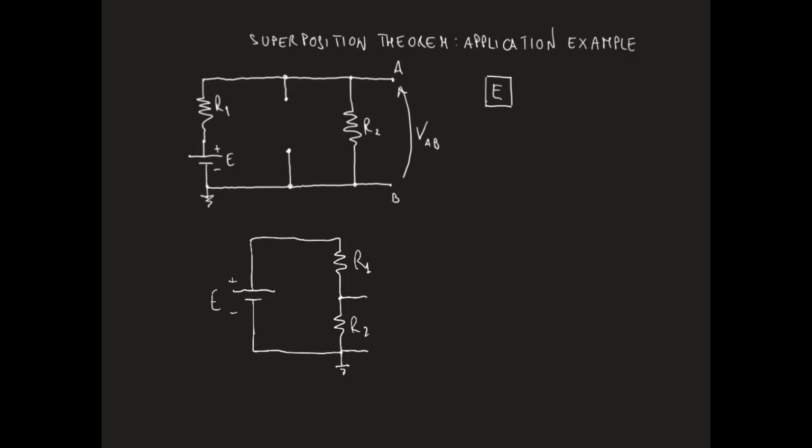VAB is simply the voltage drop across the resistor R2. Therefore, we know that the voltage VAB as an effect of the voltage source E can be calculated as E times R2 divided by R1 plus R2.